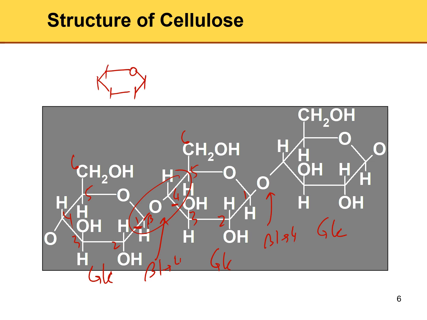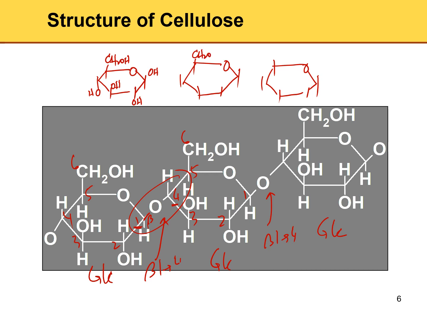CH2OH up, down, and up, and down. And if it's beta, I'll put it up here, and you can have another one. Let's make 3 subunits. So CH2OH up, down, up, down, and up.